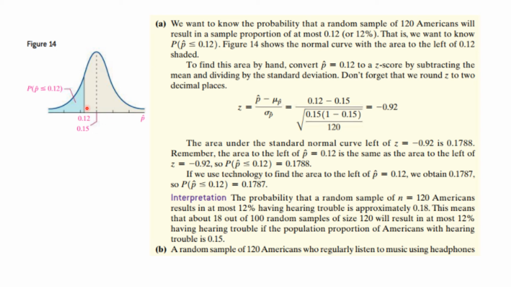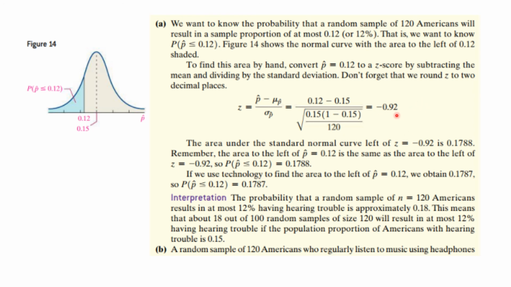And so we're going to be using the z transform. So we'll change p hat to the standard normal this way. And notice here we're dividing by 120 in the denominator as we do that calculation, and we get minus 0.92.